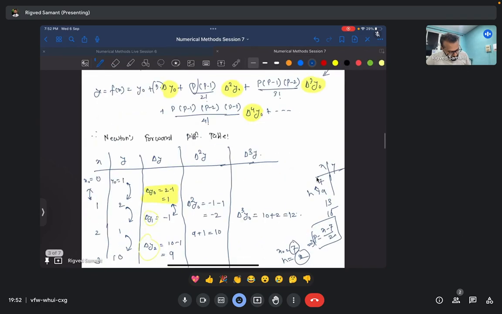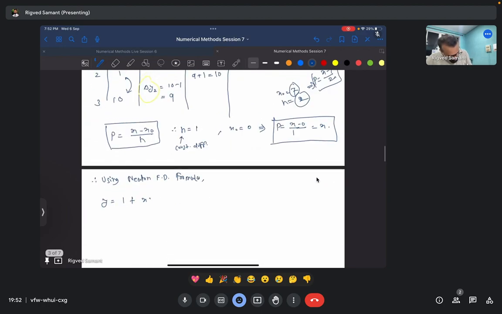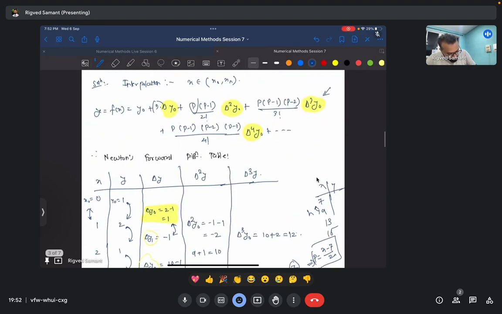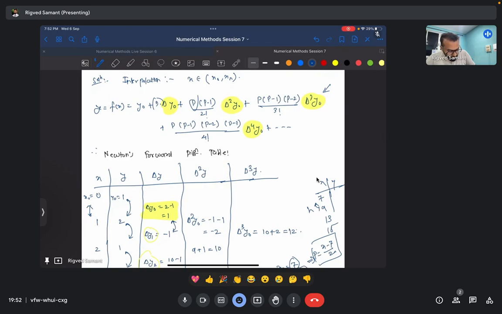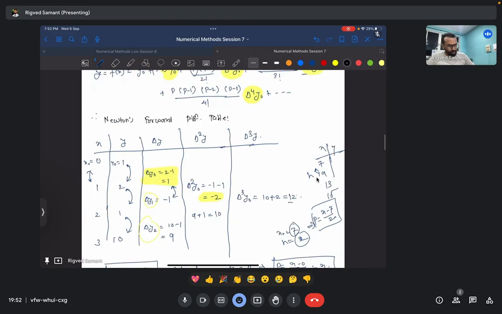So delta y naught is 1, plus p into p minus 1, so x into x minus 1 divided by 2 into this minus 2, delta square y naught, plus x into x minus 1 into x minus 2 into this delta cube y naught. So delta cube y naught is 12.